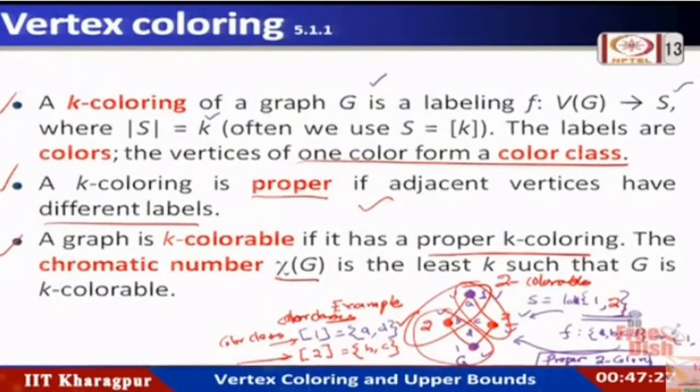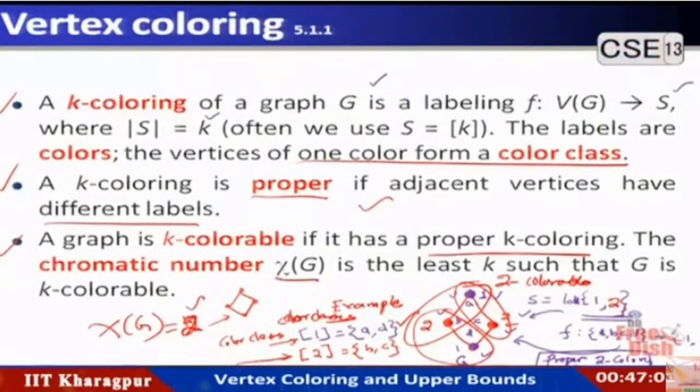Now the chromatic number chi of G is the least K such that G is K colorable. Here we have taken the value 2, hence chi of G is 2. So the chromatic number of this graph, which we have taken in this example, is 2, because this is the least value.